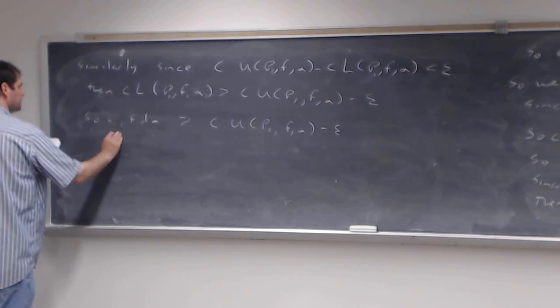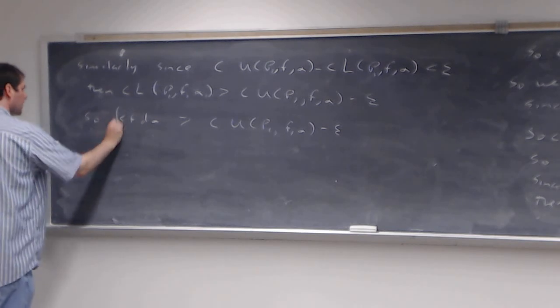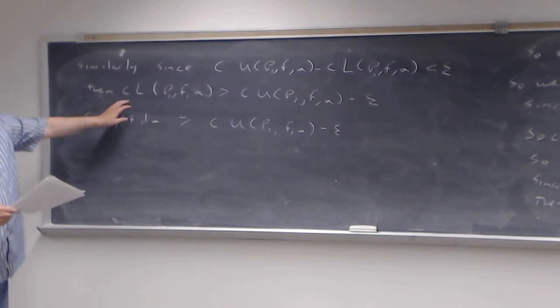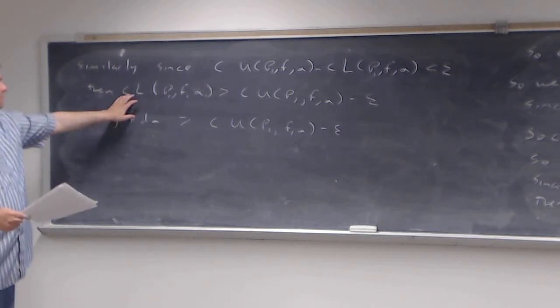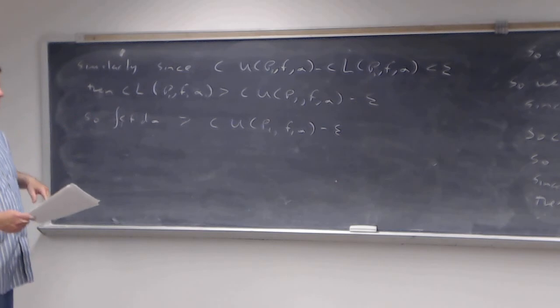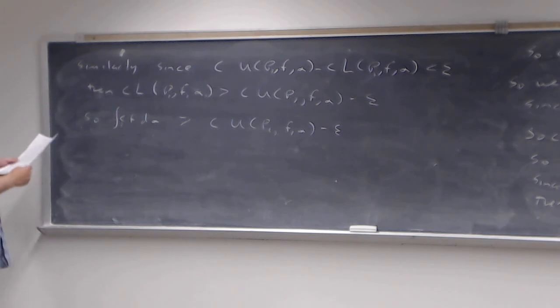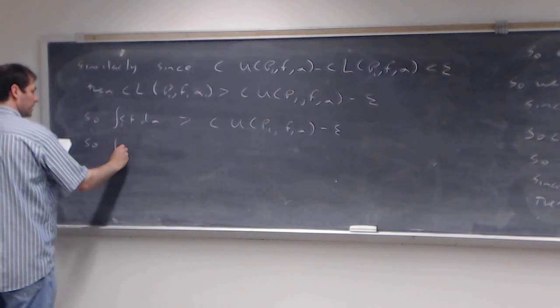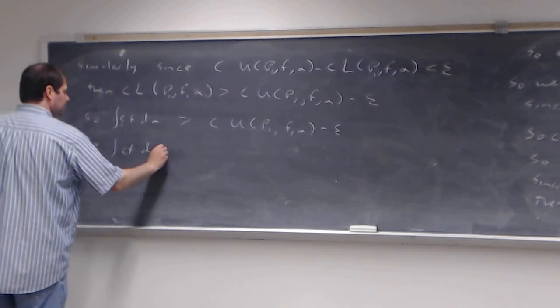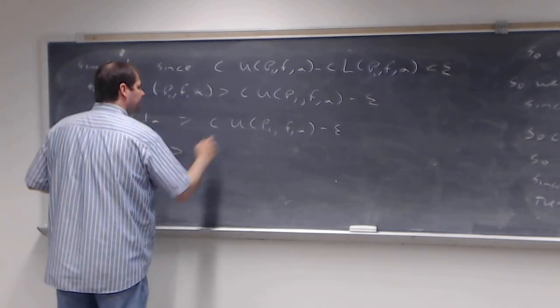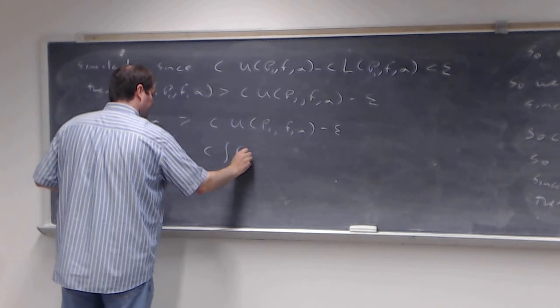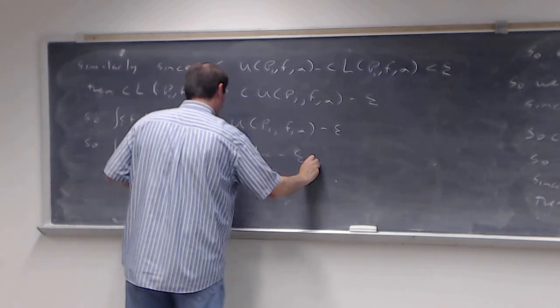I made a mistake here. Okay, really, it's the integral of CF here, and that's because the integral of CF was bigger than this. Okay, and so the integral of CF d alpha is going to be greater than, here we take the infimum, so it's smaller, C times the integral of f d alpha minus epsilon.